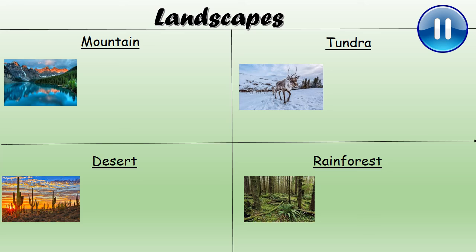I would like you to write each of the headings in turn: mountain, tundra, desert and rainforest, and write a sentence or 2 about each one. And it would be absolutely lovely if you could illustrate each of these with a little picture, just as I have. Keep your sentences safe because we're going to be using them in the next lesson.